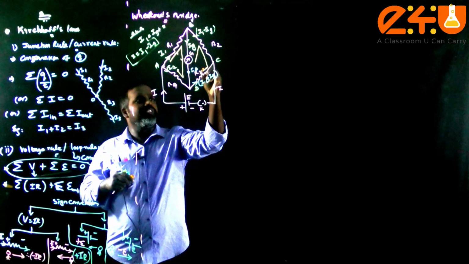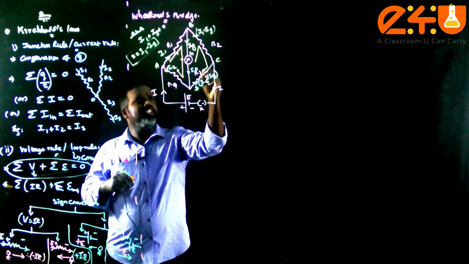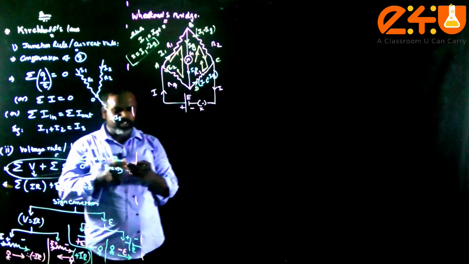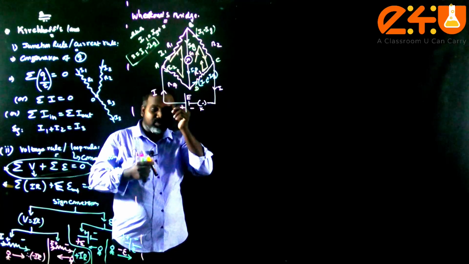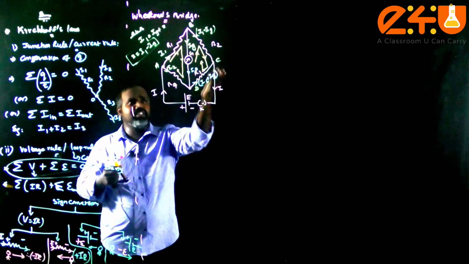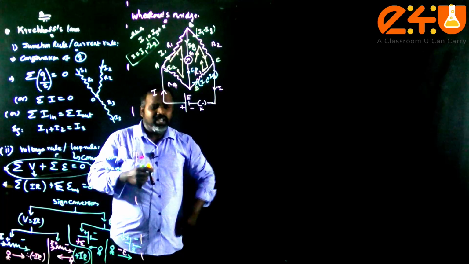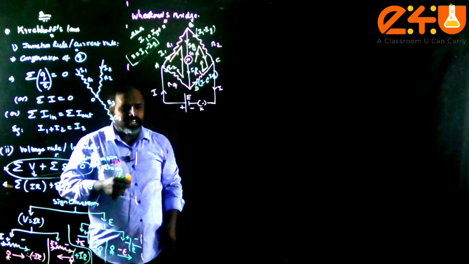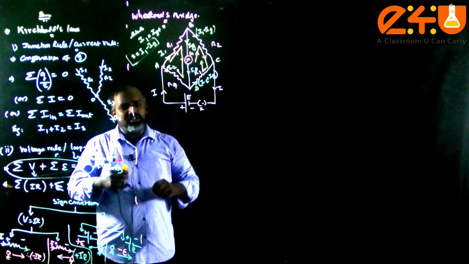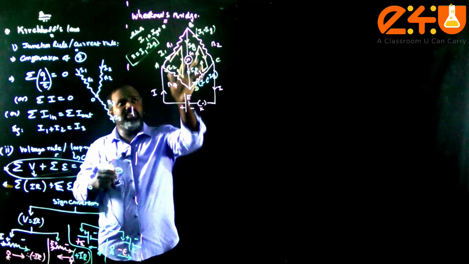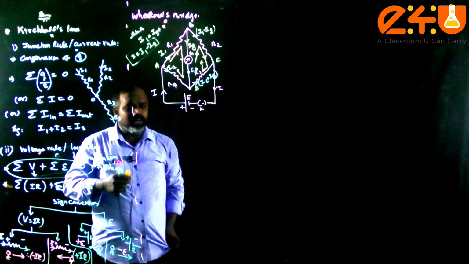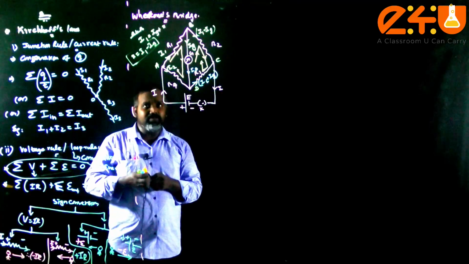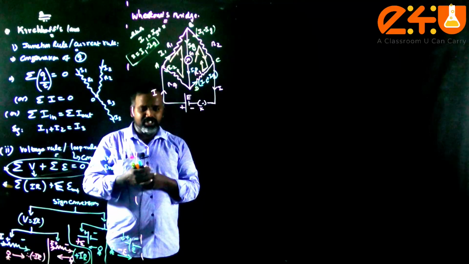Once the direction is fixed, it should not change; it should be followed throughout the problem. You cannot have one side clockwise and another side anti-clockwise. During this process, if you get a current value that is negative, it shows that the assumed direction and actual direction are opposite. So you can get current in negative values also. There is no problem in these applications of Kirchhoff's law.